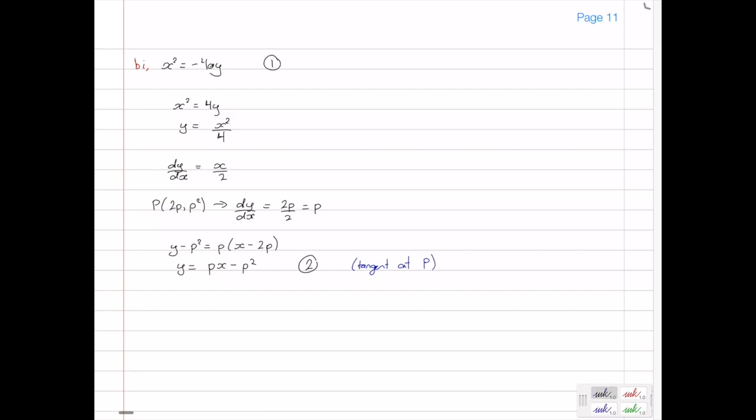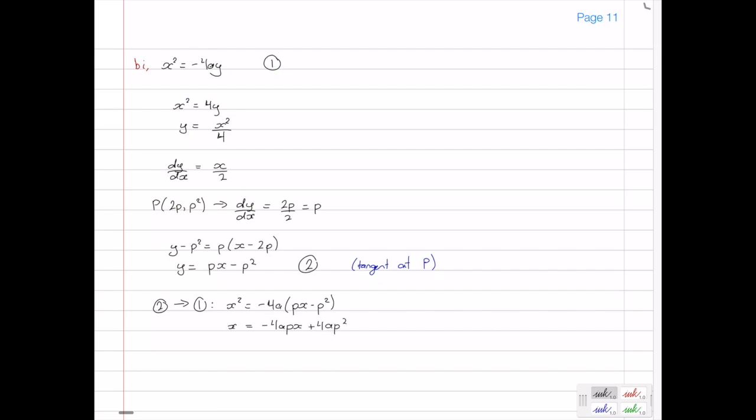Okay, so I need to solve equations 1 and 2 simultaneously. Let's substitute 2 into 1. Subbing 2 into 1 gives us x squared equals minus 4a times (px minus p squared). Expanding gives minus 4apx plus 4ap squared.